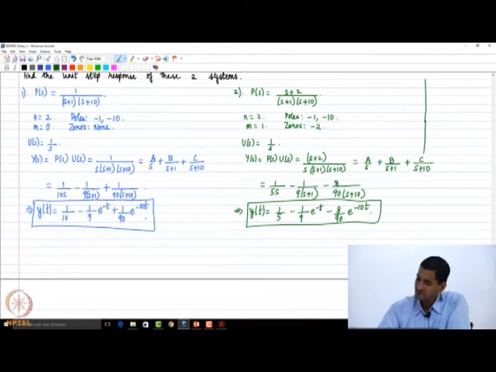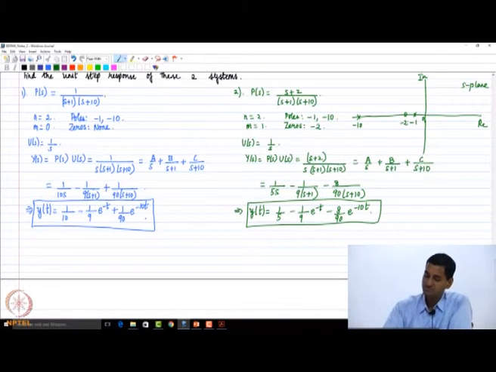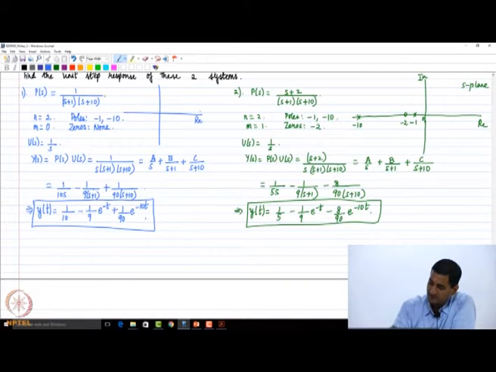Let me draw the S-plane and we will see. In the S-plane, of course, the poles are at minus 1 and minus 10 for both systems, but in this case we have a zero at minus 2. So in this case, drawing in blue color.